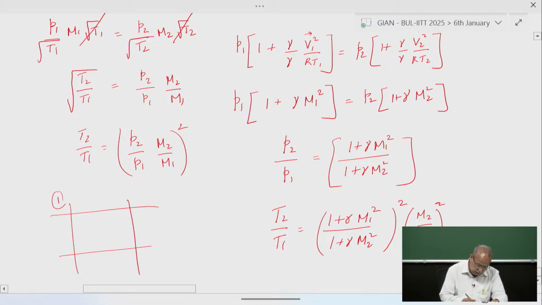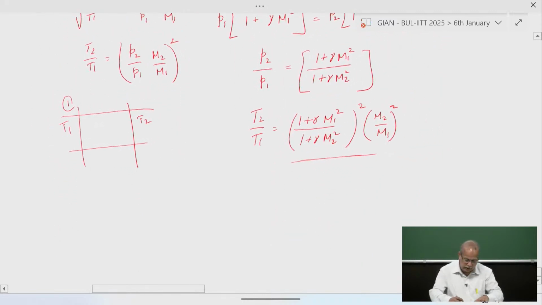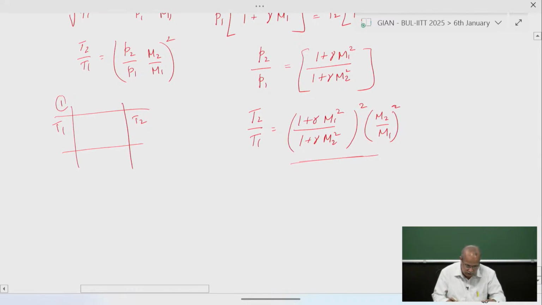If this is T1 and this is T2, this ratio T2 by T1 is given by this expression. Now we are going to apply the Rayleigh theory. To this equation we can keep on deriving things, but that's not the main thing, we need to understand the basic principles and then proceed.